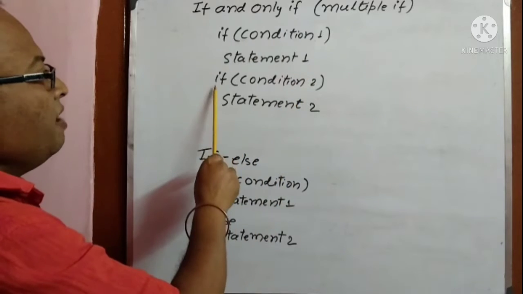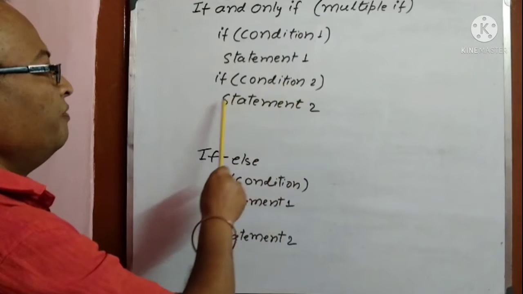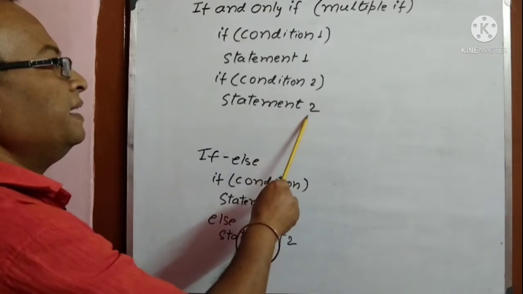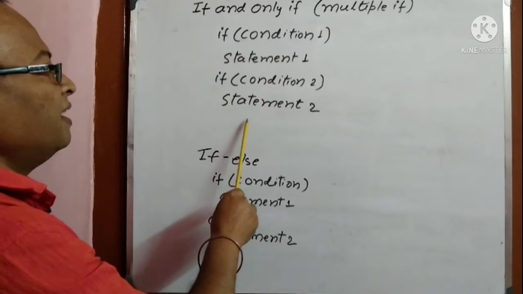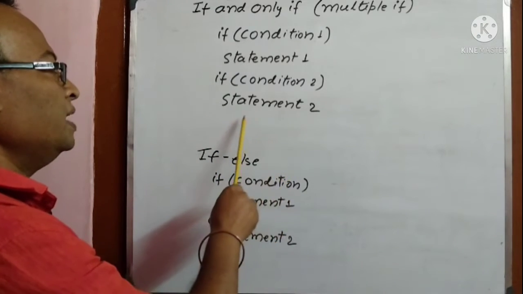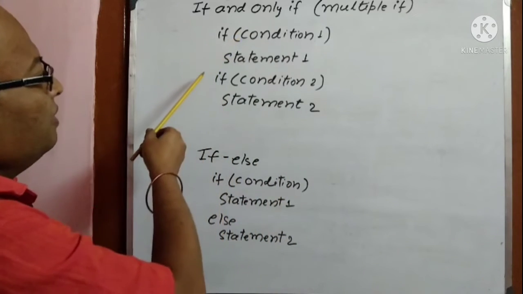Okay. If condition 2 holds true, then statement 2 will get executed. You can use another if statement. If condition 3 holds true, then statement 3 gets executed. So this is multiple ifs.